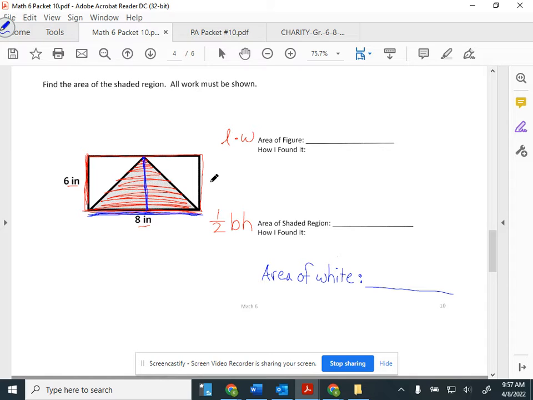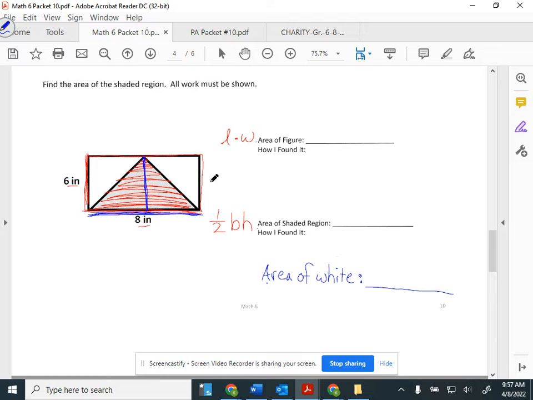Well, I'm not literally asking you to tell me the answer right now. I want you to show me how you found it. If you know the area of the figure and you know the area of the shaded, you should be able to find the area of the white. Because we're subtracting the shaded out of the rectangle. You have to take the shaded out of the full area to find what's left.